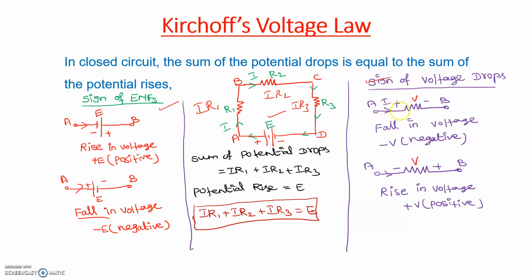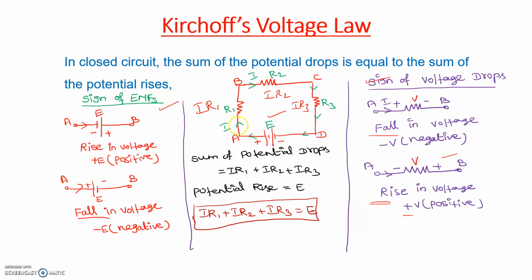If the current is entering from the positive terminal and leaving at the negative terminal, it is a fall in potential, that is minus V. Similarly, if the current is entering at the negative terminal and leaving at the positive terminal, it is considered a rise in potential, that is plus V.